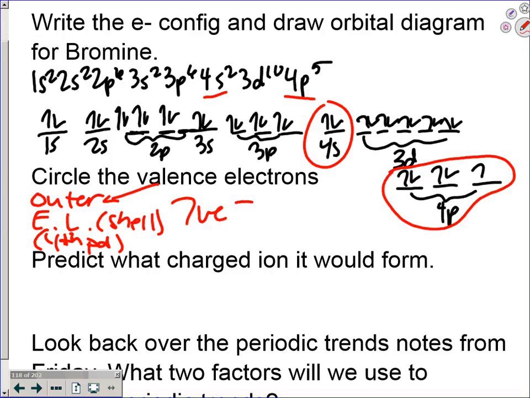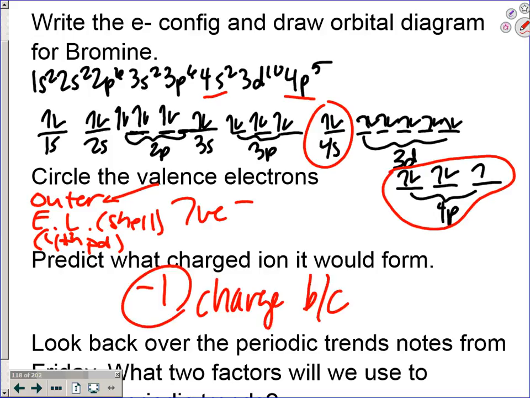Okay, so there's 7 valence electrons, right? Raise your hand if you can predict what kind of charge it would form if it were to form an ion. Go for it. Negative what? A negative 1, 2, 3, 4. Why negative 1? So it's going to form a negative 1 charge, right?